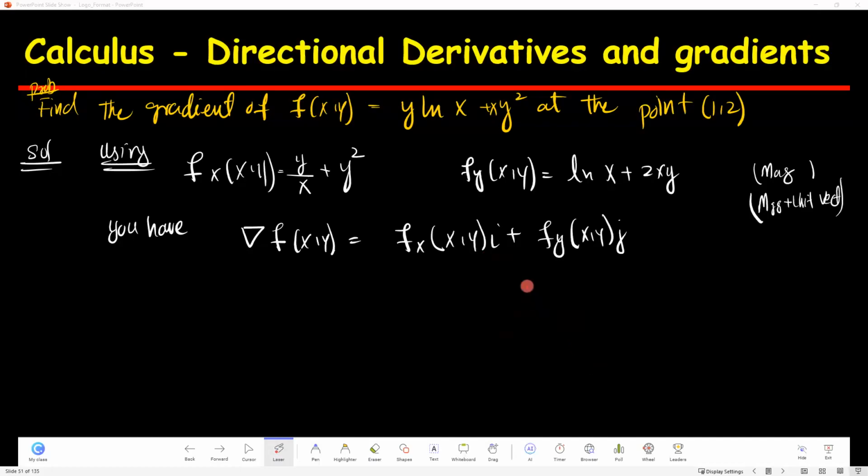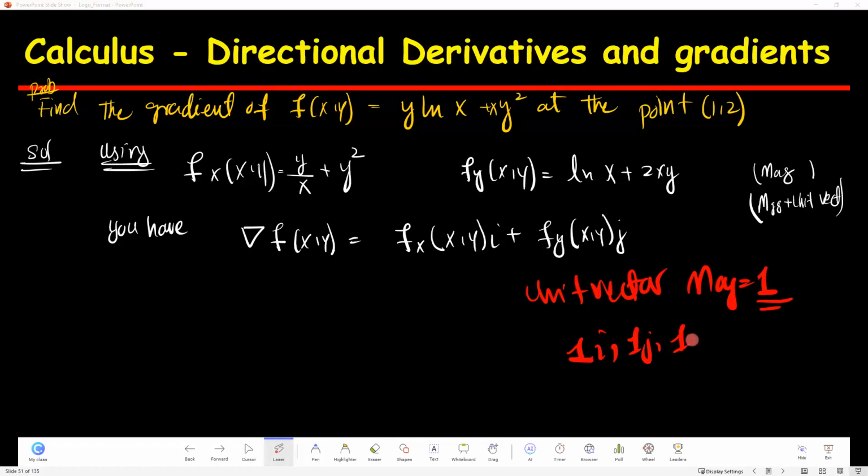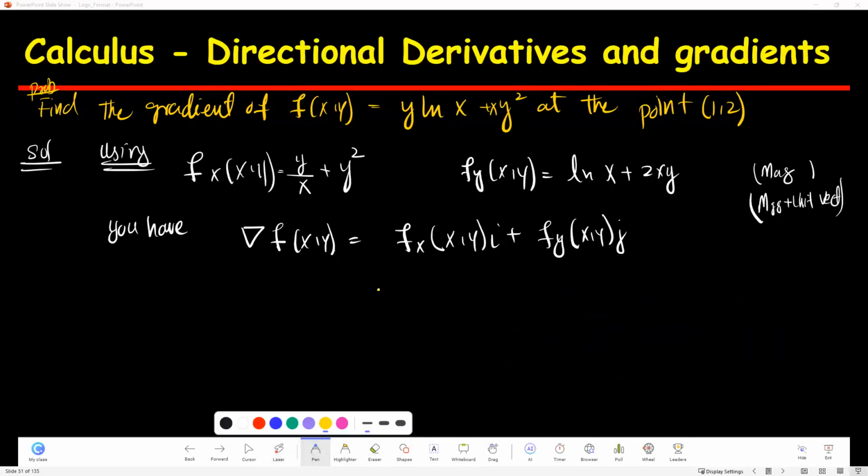And technically speaking, unit vector means magnitude equals 1. So if the magnitude equals 1, I should be writing 1i, 1j, 1k. That should be my unit vector all the time. So I'm just writing it this way, and I'm going to be substituting the value which is given in this case.